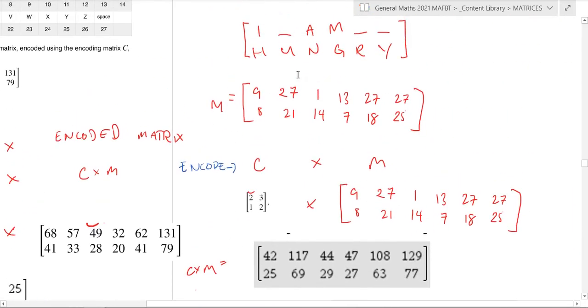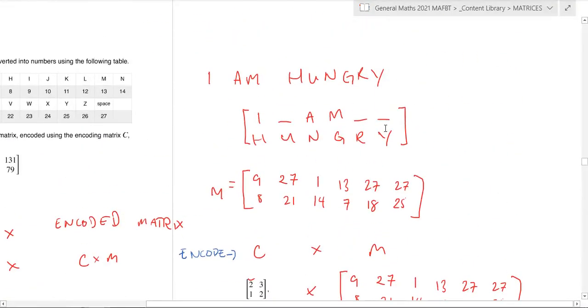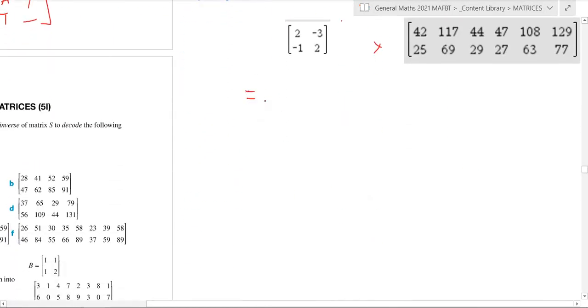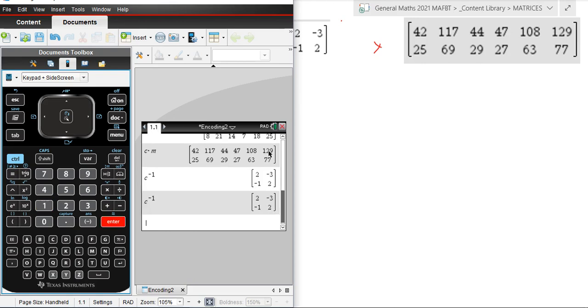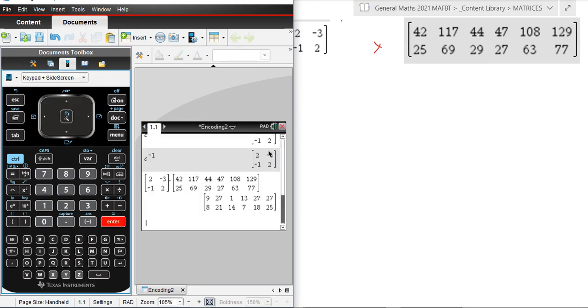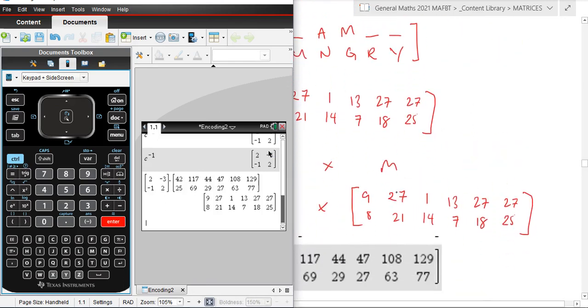So if we've done it all correctly, C inverse times C times M should give us this matrix. Let's do that. C inverse, to the power of -1, multiplied by matrix M, which was C times M. And it should give us back that original matrix here, which is correct.